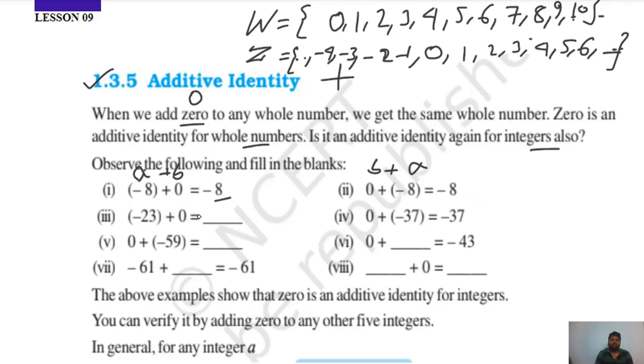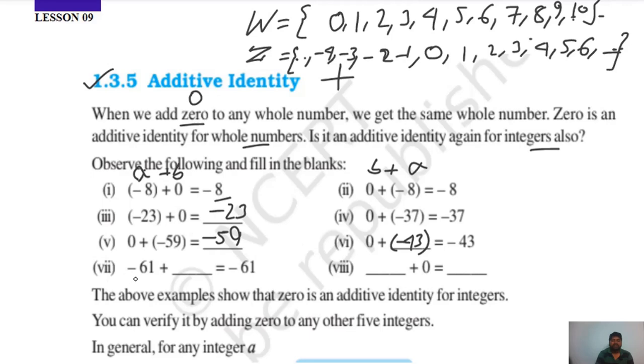Minus 23 plus 0 equals minus 23. 0 plus minus 37 equals minus 37. 0 plus minus 56 equals minus 56. 0 plus minus 43, obviously, we get minus 43.